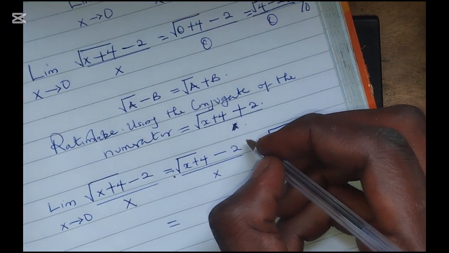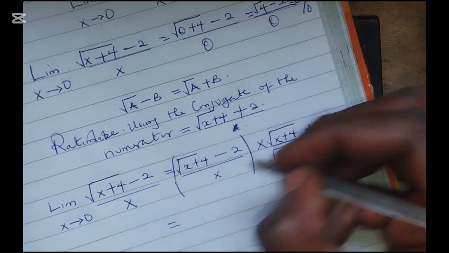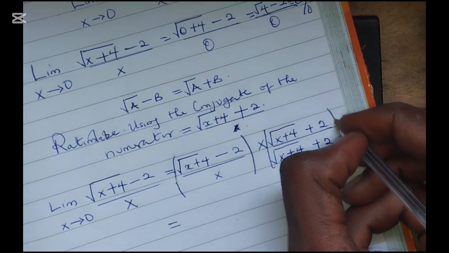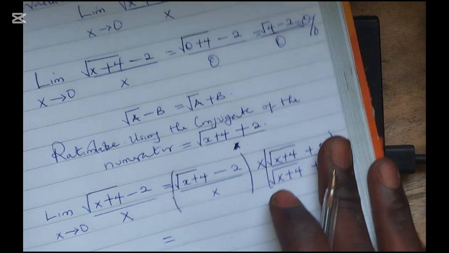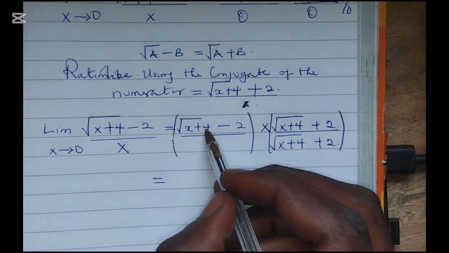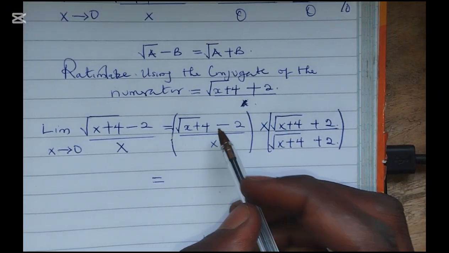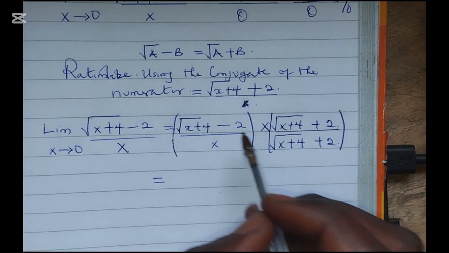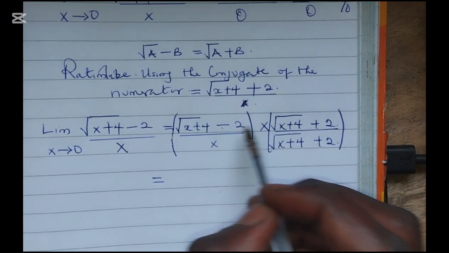Now when you check these two expressions, you notice that the numerator here is just a difference of two squares. That is, they have the same expression but with reverse sign.